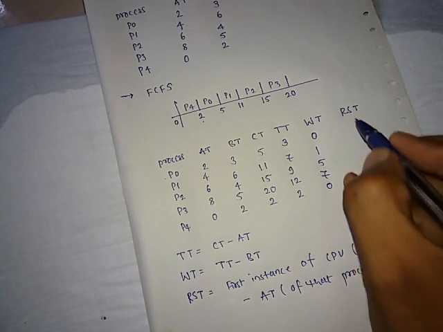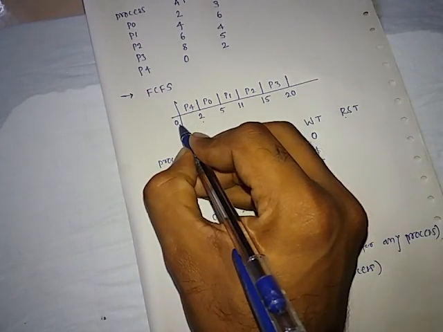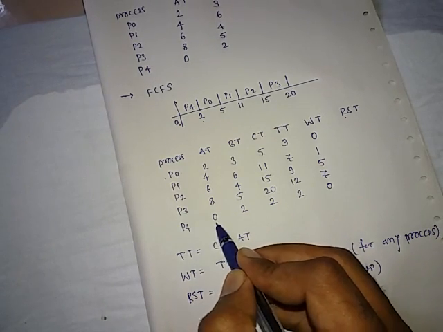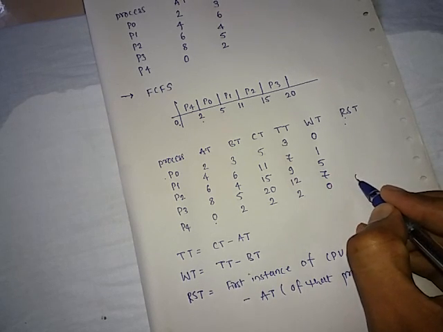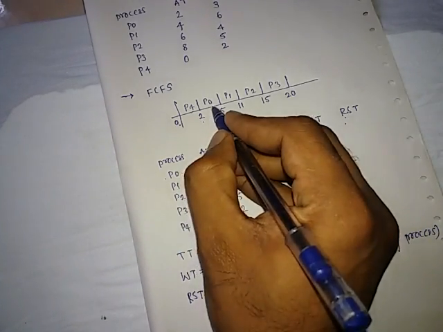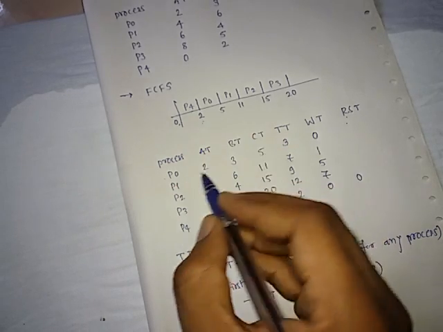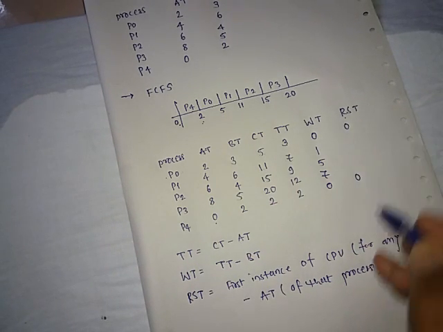Here the first instance for the P4 process starts at 0, and the P4 process arrives at 0, that means 0 minus 0, so the response time for P4 is 0. For P0, it gets the CPU first at 2, and its arrival time is 2, that means 2 minus 2 becomes 0.